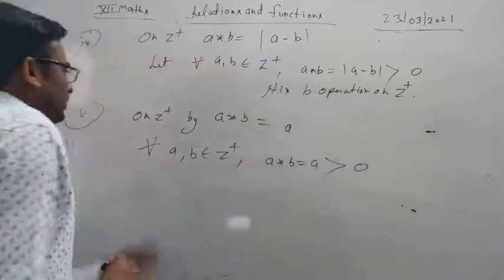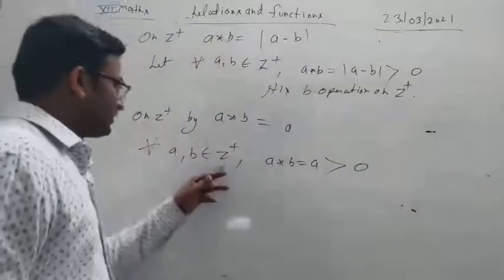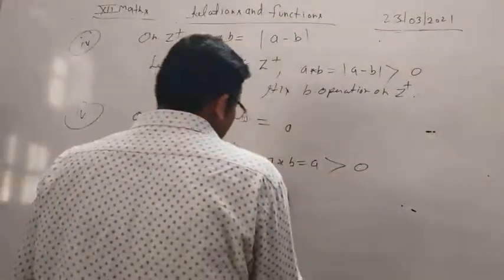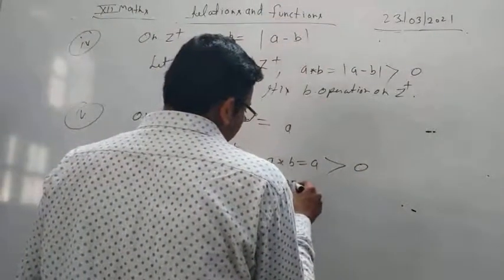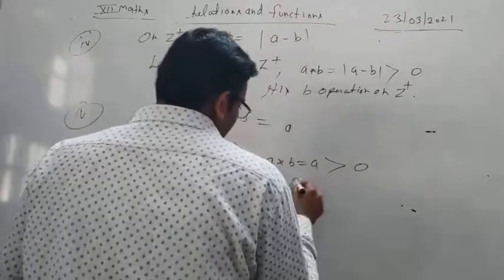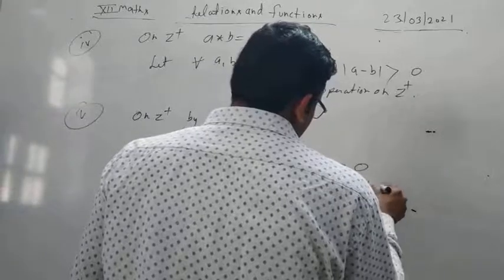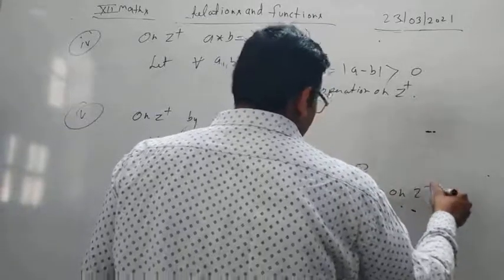Okay? Because if we take A and B positive here, A is given, so this is always positive, so we say that it is a binary operation on Z plus.